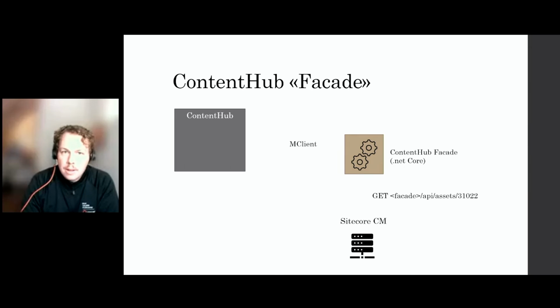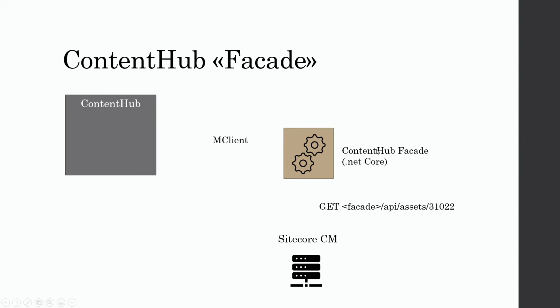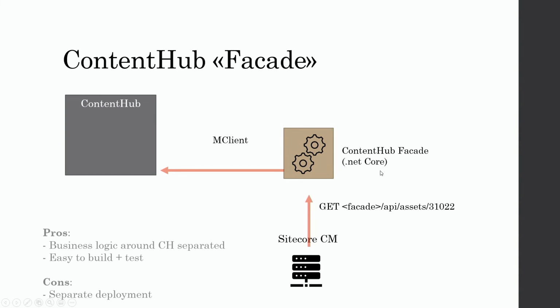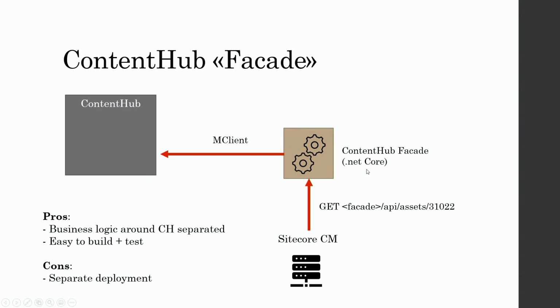We did it this way in the last project. I'll show an example afterwards. We created a facade, that's what we call it, the facade service, which is a .NET Core service that lives on its own, basically has nothing to do with the Sitecore CM, and all it does is create a connection to Content Hub through mClient and fetch data if we ask it to do so.